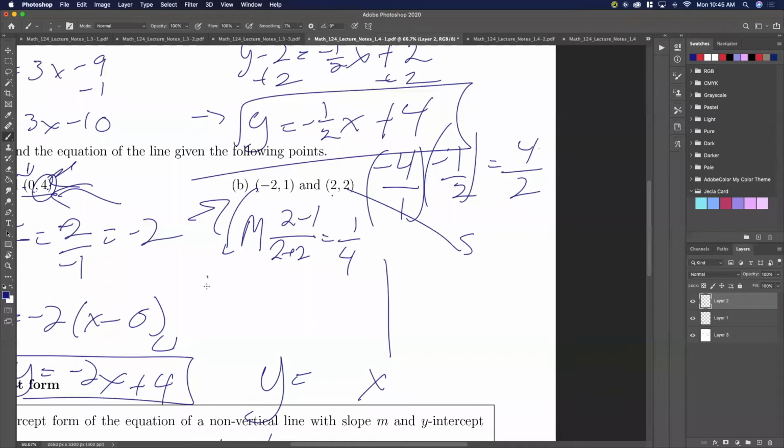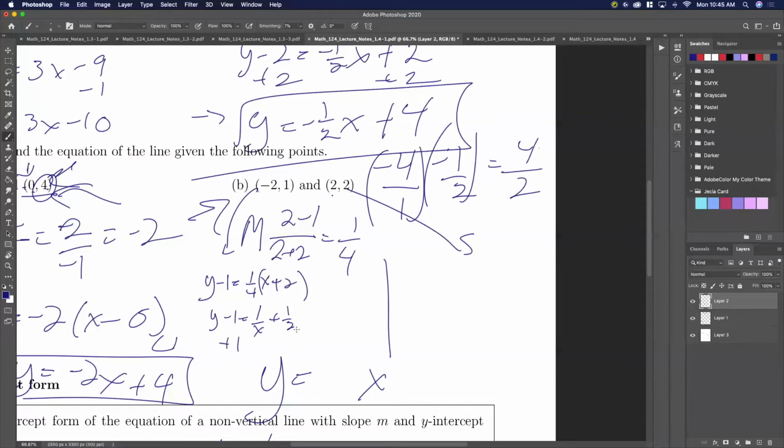All right, so here we'll have y minus 1 equals a fourth times x plus 2. So here I'll get y minus 1 equals 1/4 x plus a half.